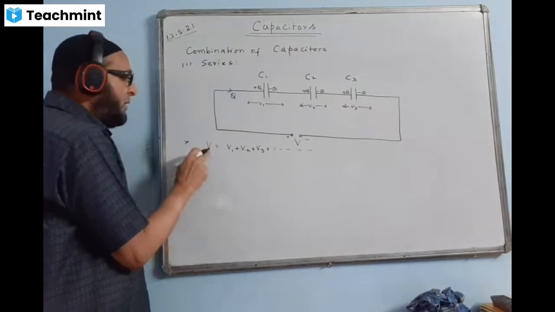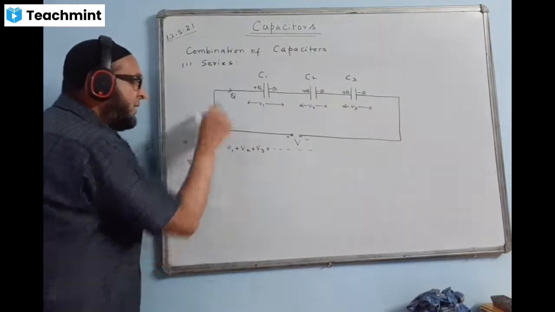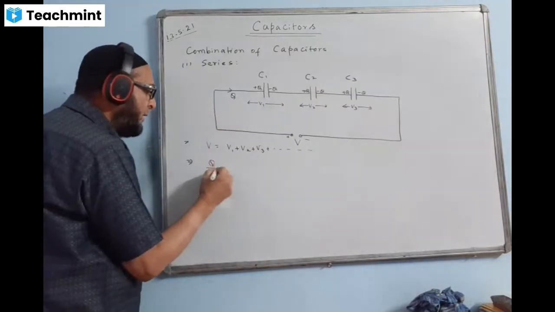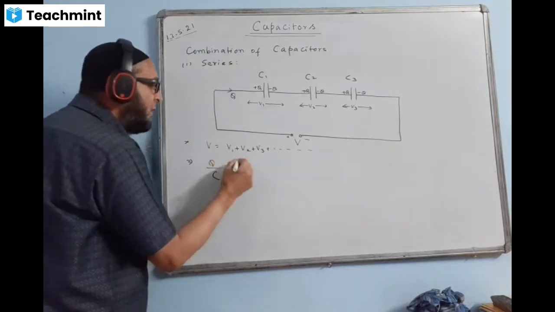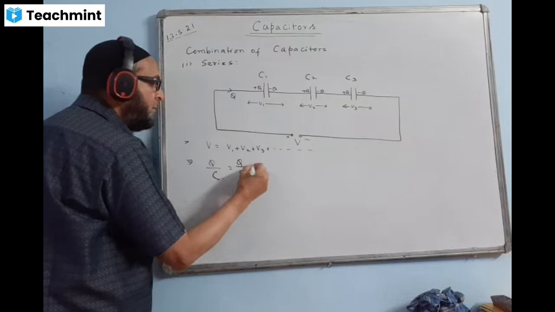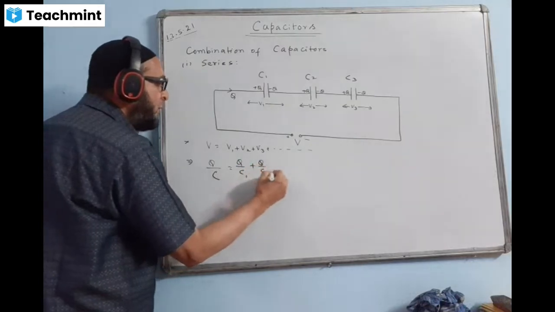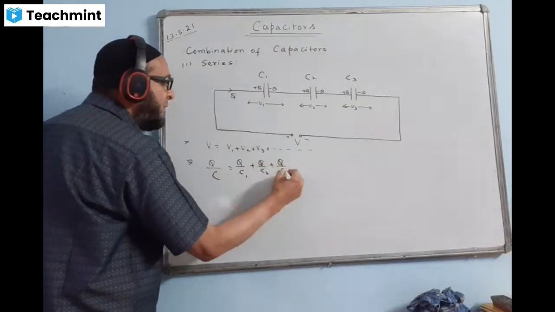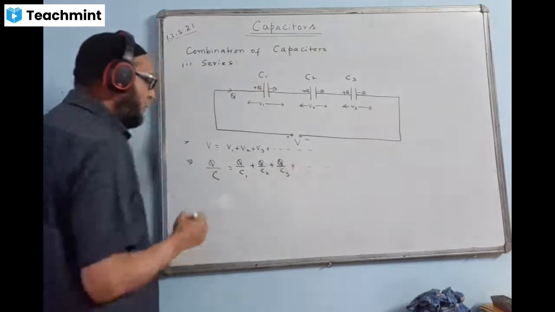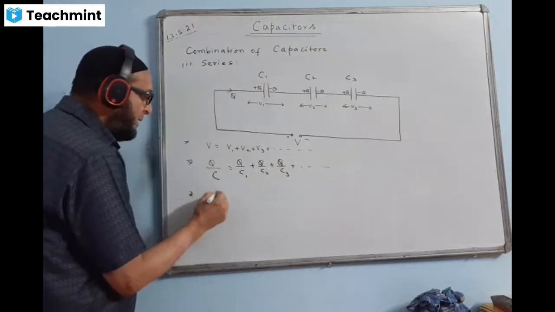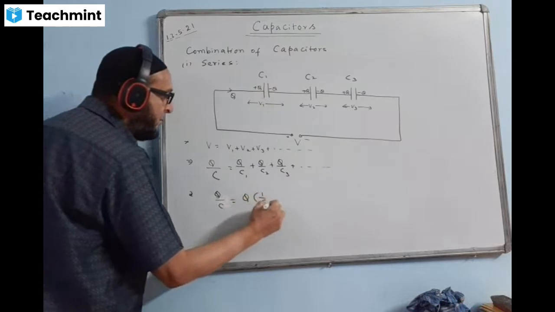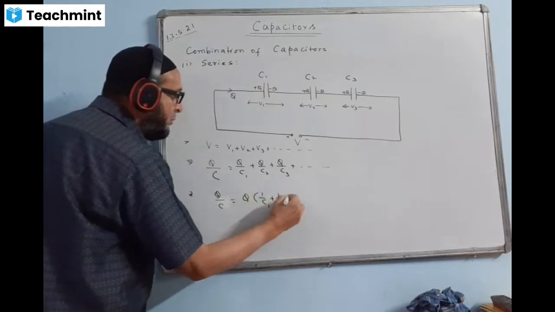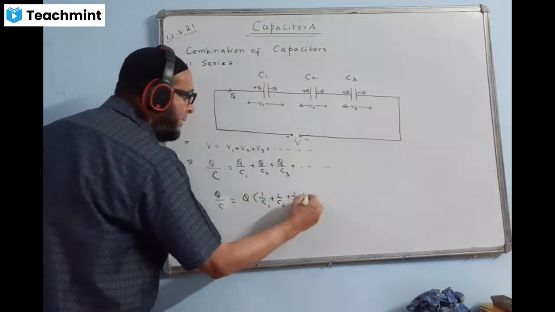Now put the value of potential. V is equal to Q by C, this Q by the total capacitance C. V1 value I write here as Q by C1, here Q by C2 because the charge is the same everywhere, Q by C3 and so on. Next line: Q by C. Taking Q common, you get 1 by C1 plus 1 by C2 plus 1 by C3 and so on.